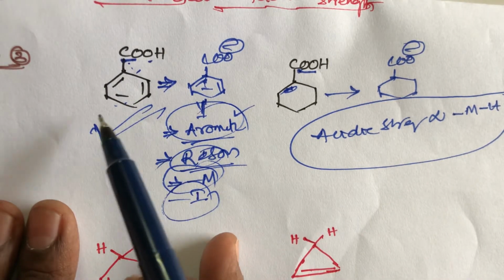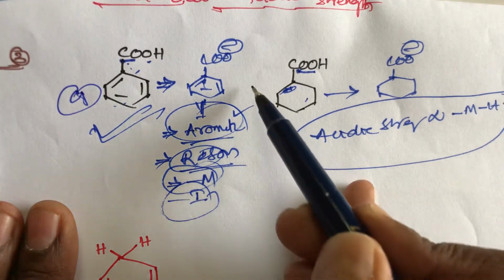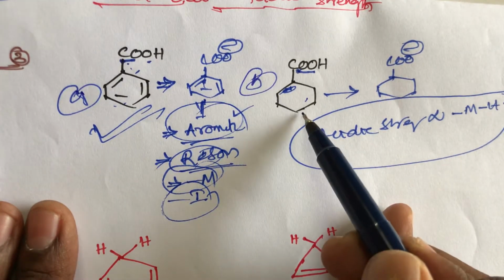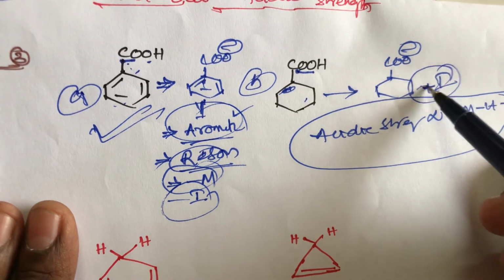So out of these two, the first compound is more acidic than the second. What about this cyclic compound? The cyclic group belongs to the plus I group.